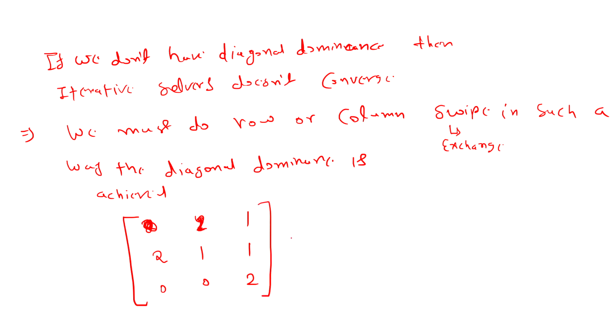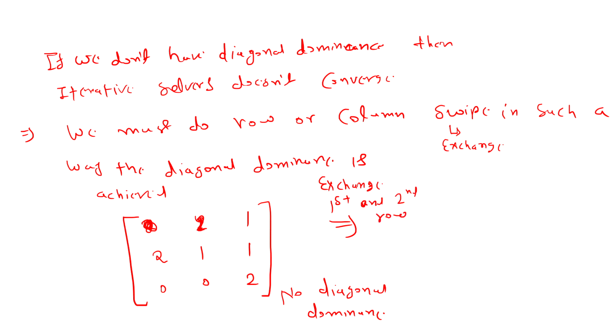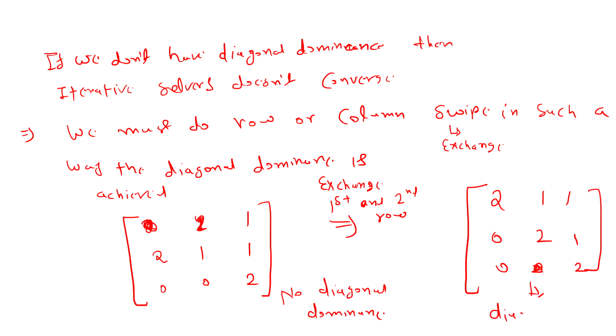So there is no diagonal dominance, but if we exchange the first and second rows, then it becomes 2 1 1, 0 2 1, 0 0 2, and we have the diagonal dominance.